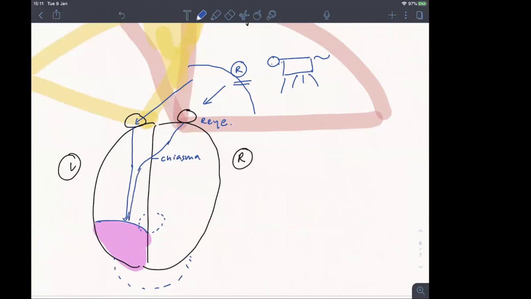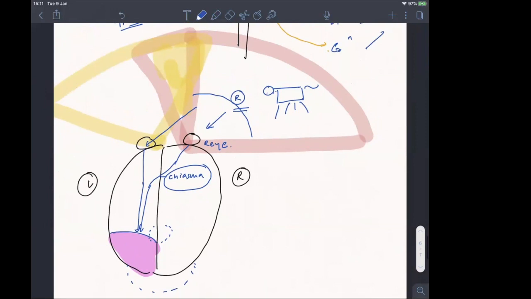So this is the reason why you have a chiasma. This is the reason why there is a crossing, because you want everything in the right side of your field of vision to go into the left side of your brain. Now, I won't get into why that is happening. That is a different discussion altogether. But suffice it to say that this is what happens. So everything in the right side of your field of vision will go to the left occipital lobe.